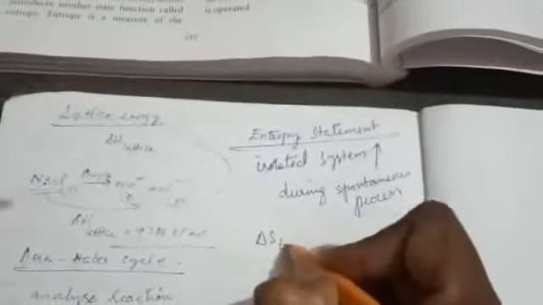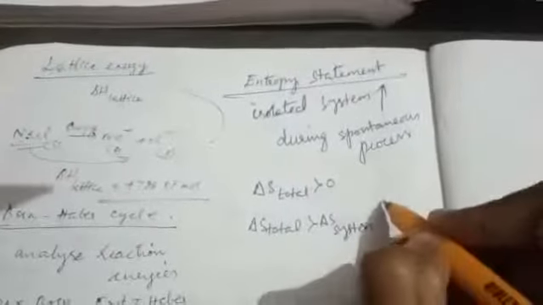For example, delta S total is greater than 0. So delta S total, that is delta S universe, is greater than delta S system plus delta S surroundings.